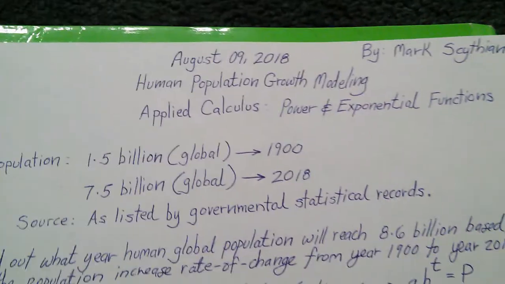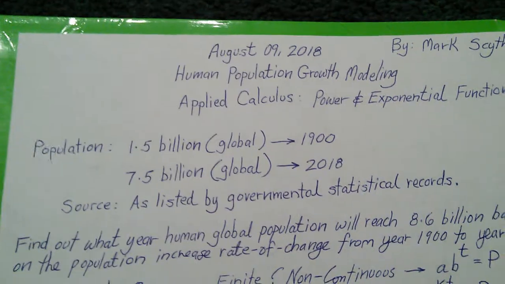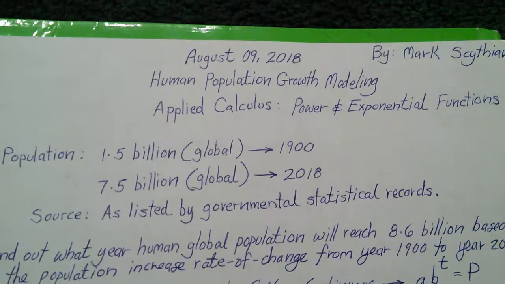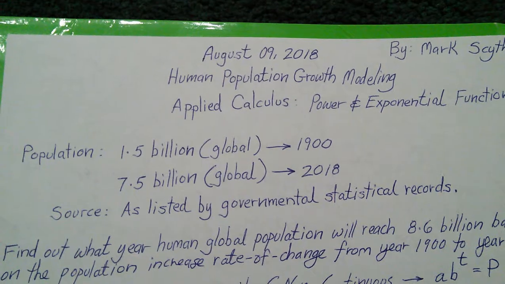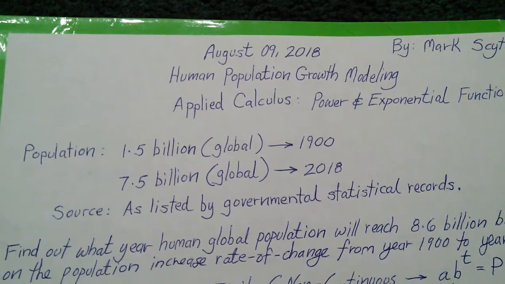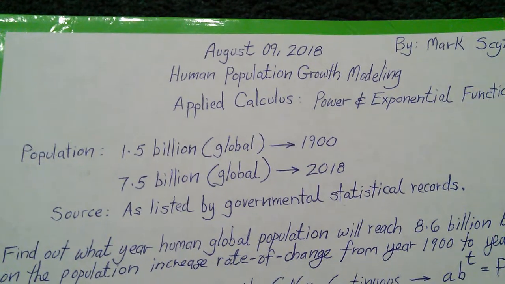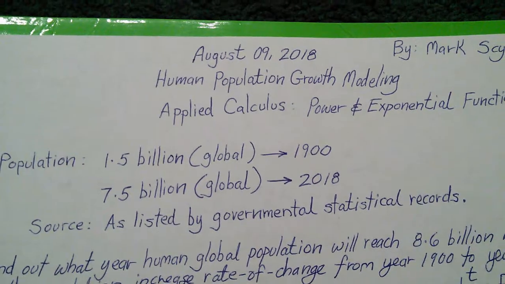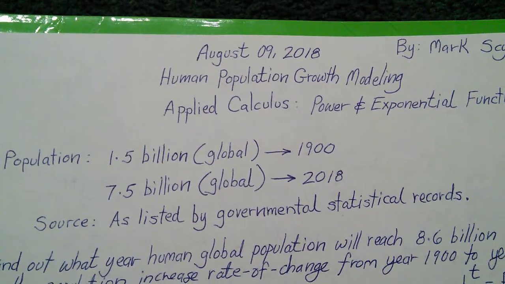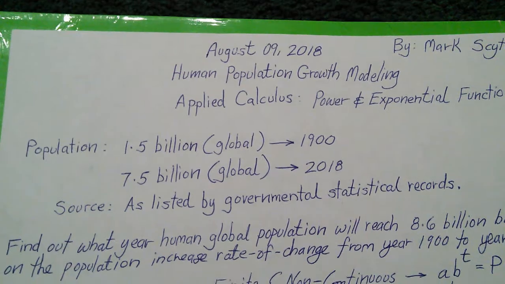This will be another applied calculus modeling video lecture focusing on human population growth and forecasting. So here we have the governmental statistics of human global population figures between the years 1900 and 2018.